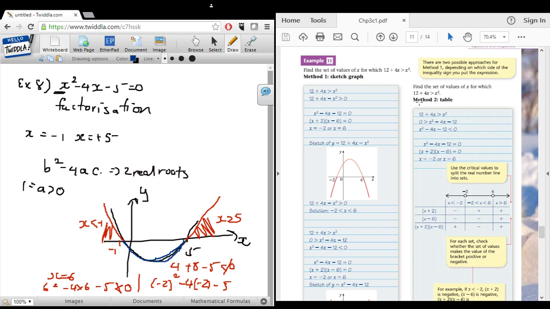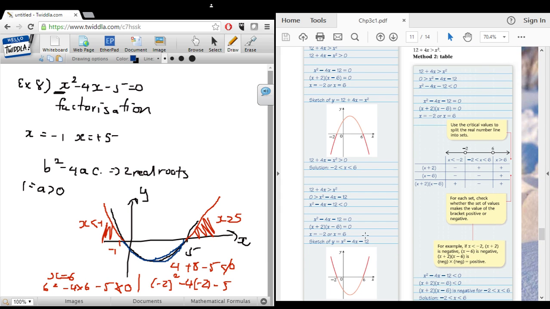Here they show you two different methods. There are two possible approaches for method 1 depending on which side of the inequality sign you put the expression. Again, this is seemingly what we've done. They've sketched it out once they've factorized it. The x squared is taken to the other side, so it's negative now.